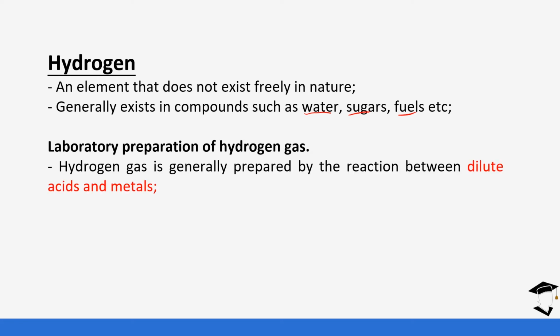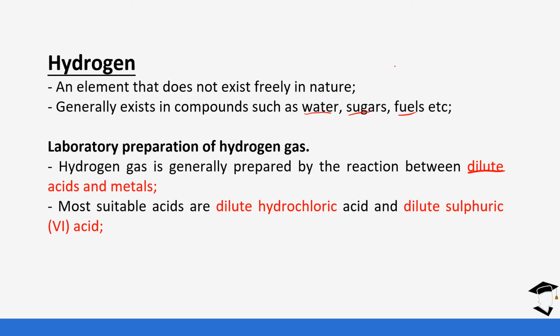So hydrogen is usually prepared by reacting acids with metals, and specifically we are going to be talking about dilute acids. So we'll be taking dilute acids and reacting them with metals. But the most suitable acid we are going to use is dilute hydrochloric acid, and dilute sulfuric acid is also suitable.